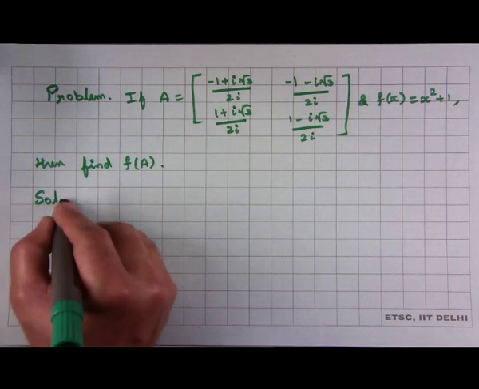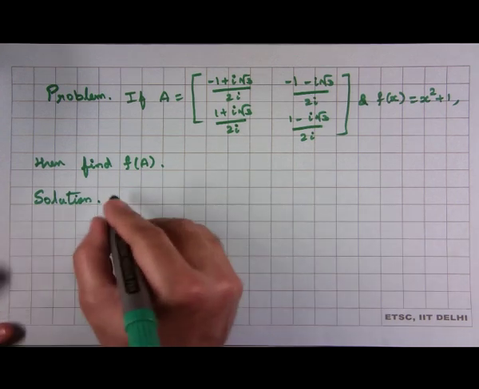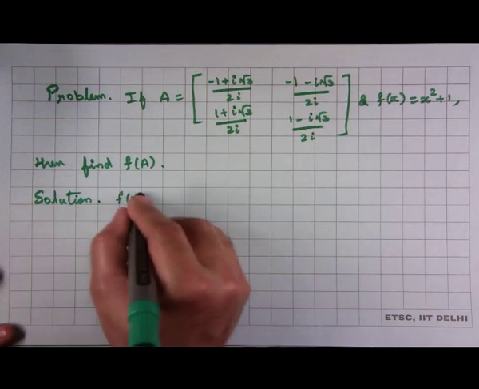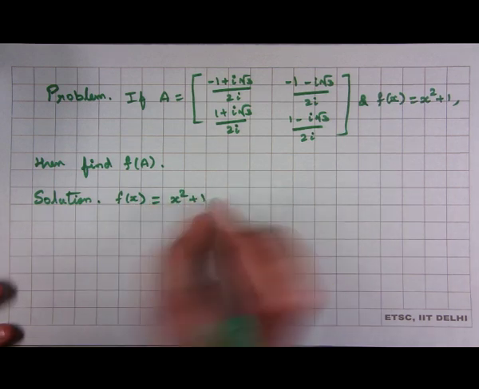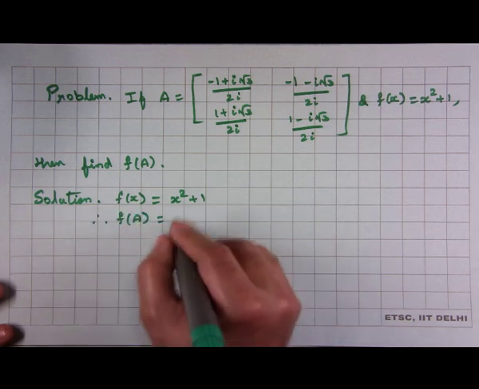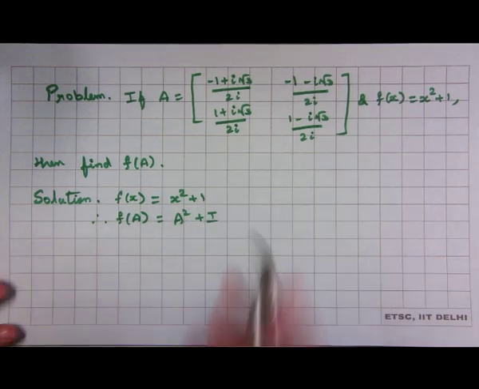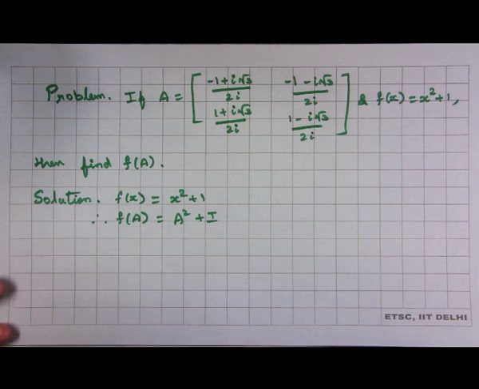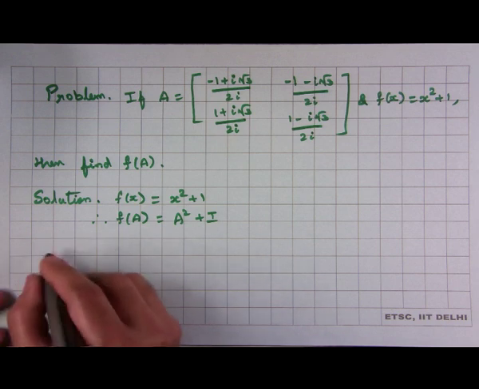Solution. So, what is f(x)? So, given that f(x) is x square plus 1, and therefore, f of A is A square plus identity, right. 1 is replaced by the identity matrix. So, now let us try to calculate A square.